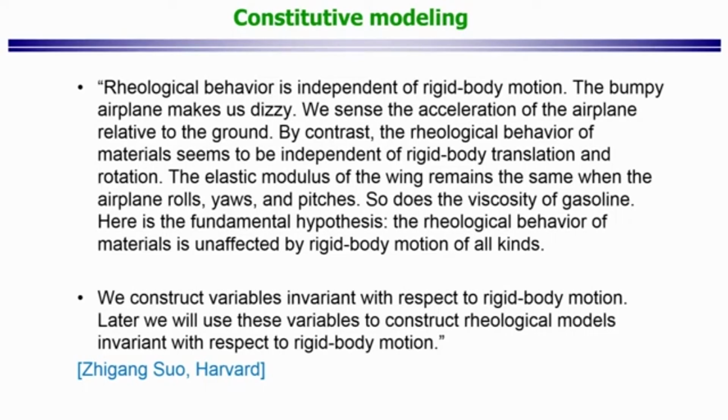If I have a spring and you place it on a rotating disc, when you did the experiment previously, you must have determined a spring constant for that spring. But when you put it on a rotating disc, the spring constant should not change. It should be the same value. Just because it is now in a rotating frame compared to the lab frame you used earlier cannot imply that the material behavior has totally changed.